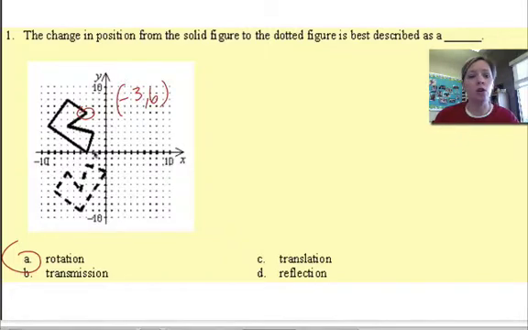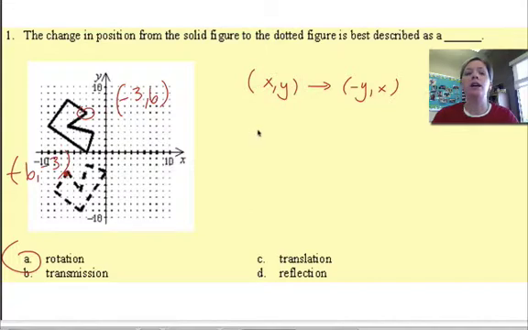And then if you look at the corresponding point, which would be right down here, its coordinate is -6, -3. So in this case, the transformation has been (x, y) mapped to (-y, x), and that's a rotation of 90 degrees counterclockwise about the origin.